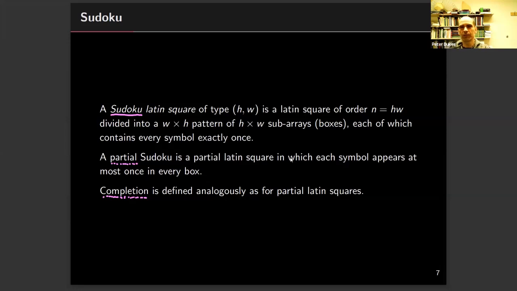So a partial Sudoku just has the equality replaced by at most, just like in the case of Latin squares. They need not be completable, as we'll see in a sec, but when you can find a Sudoku containing the partial Sudoku inside of it, then that partial Sudoku has this completion.